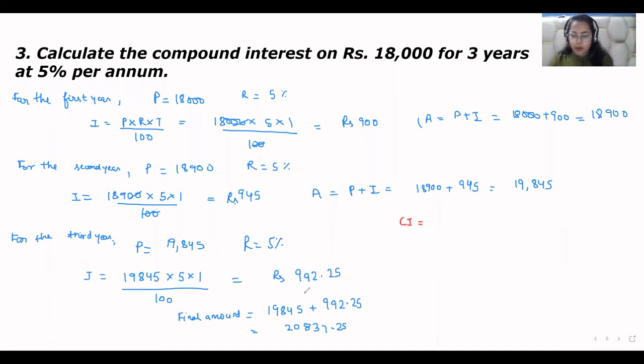You can calculate compound interest by subtracting the original principal from the final amount, or you can simply add all the 3 interests. That is 900, 945, 992.25. So I am doing final amount minus original principal.